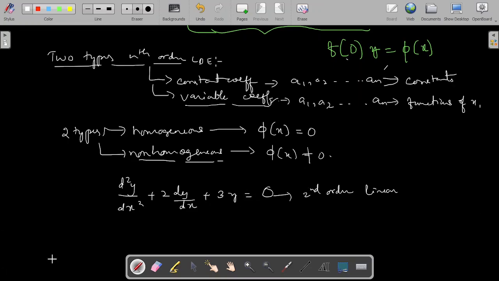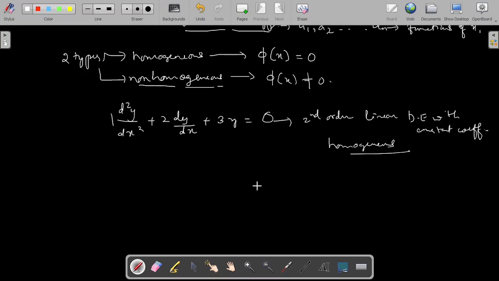Second order linear differential equation with constant coefficients, because here the coefficients are 2, 3, and 1. That's why it is called with constant coefficients, and it is homogeneous also. This is homogeneous because the right hand side phi of x is equal to 0 here.